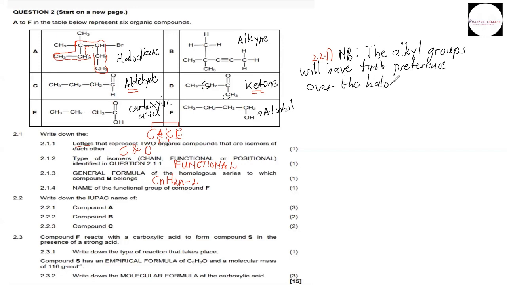So in a case whereby when you number from either side, your halogens and your alkyl groups are in the same position, then you have to start numbering from the side where you see the alkyl groups. That's basically what it means. So this is a rule for numbering, right? So in a case whereby when you number from either side, you have your alkyl groups and your halogens in the same position, then you have to start numbering from the side where you see your alkyl group.